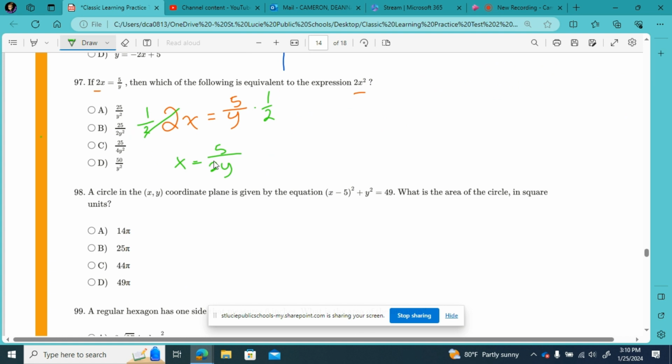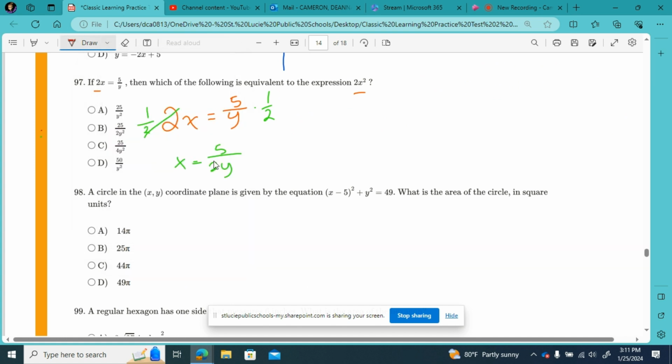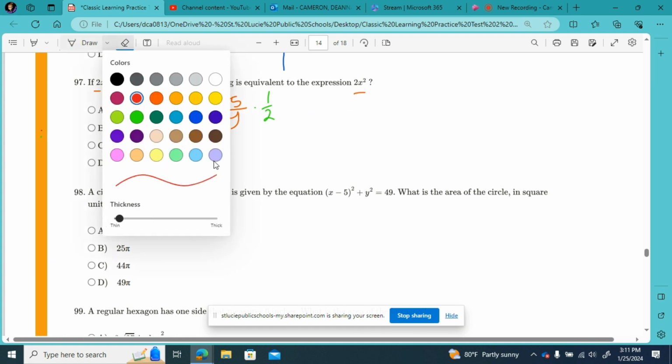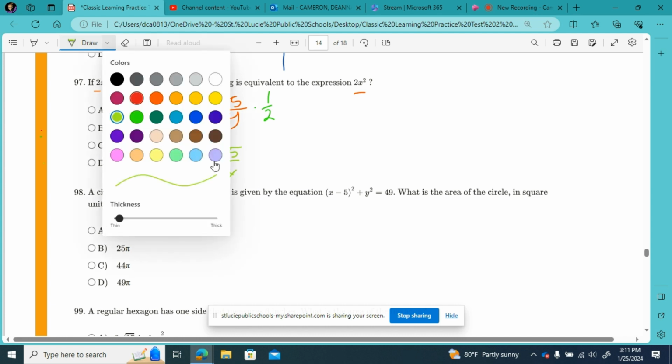So I'm going to say, okay, I want to take a 2 and multiply on both sides like this, times 2, and that's over 5 over 2y. I'm just going to move it back some. That was my green. 5 over 2y. That equals, and I'm going to squeeze in that 2.